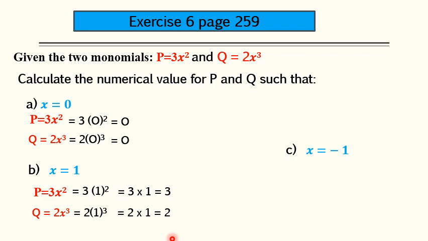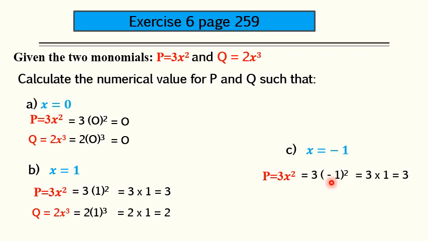For C, x equals minus 1. Okay, p equals 3x squared. X is replaced by minus 1. When I say minus 1 squared, it's minus 1 times minus 1. We have an even number of negative signs. Minus times minus is definitely positive.